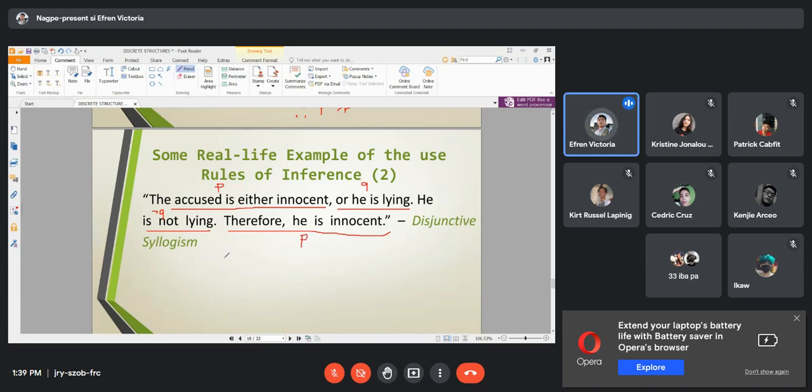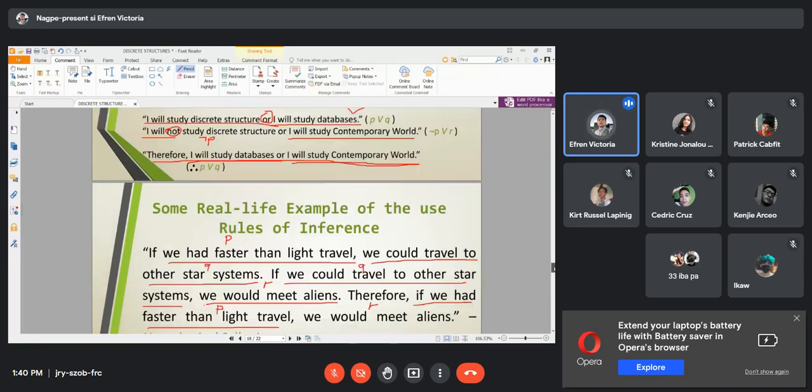So, kung titingnan natin, P, Q, not Q, therefore, P. Okay. So, tingnan natin ngayon kung tama tayo sa disjunctive syllogism.